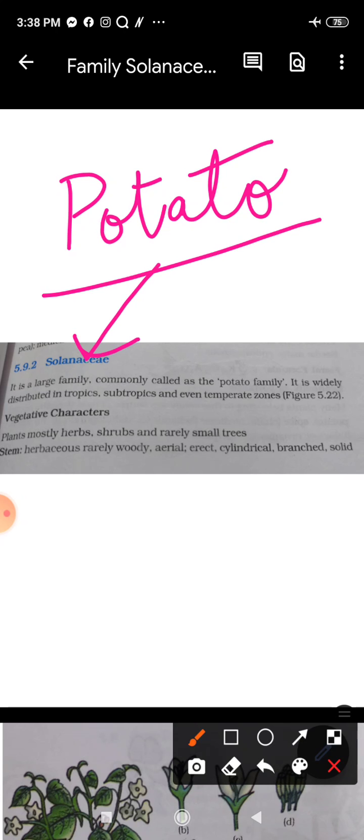So that is why this is referred to as the potato family. It is widely distributed. Widely distributed means it is found in the tropics, in the subtropics, and even in temperate zones. Right, so in different areas, in different environmental conditions, this particular family is found, and so it is widely distributed.